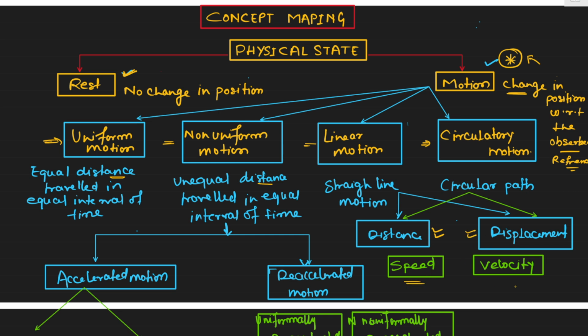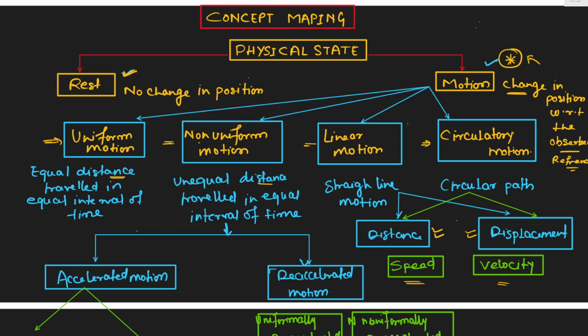Then we have speed and velocity also. Speed means distance covered per unit time. The speed formula is distance upon time, and velocity is displacement per unit time with direction. With direction means velocity is a vector quantity.